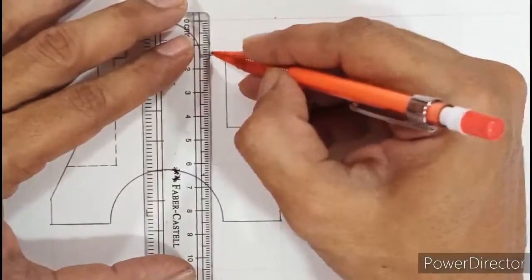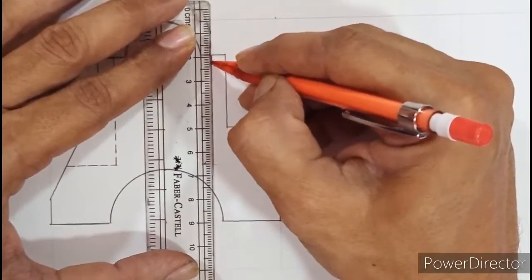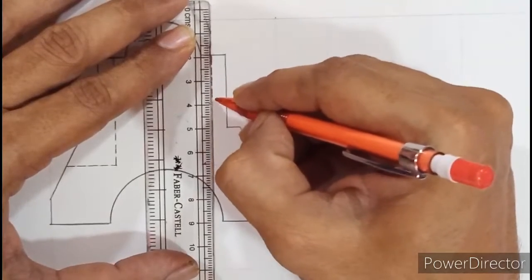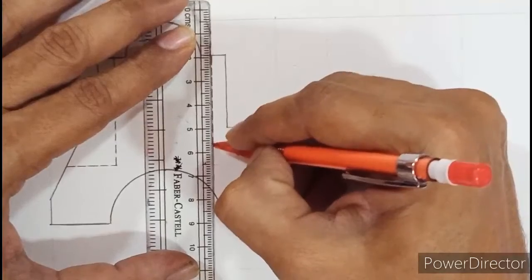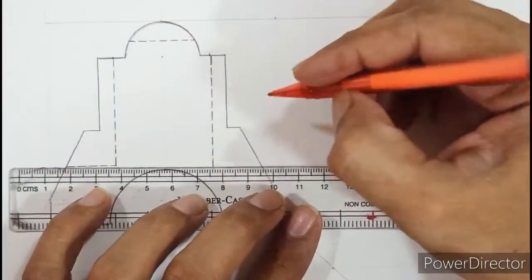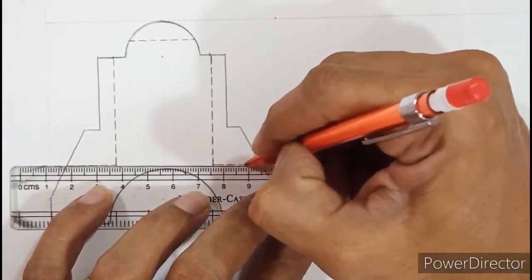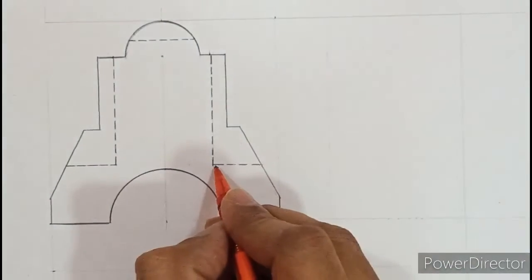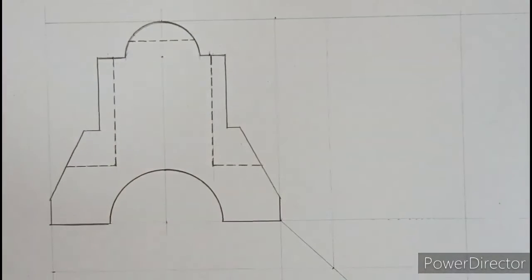Same on the other side also. You should remember that the corner should form a proper L shape. At both the ends, the corner should form a proper L shape.